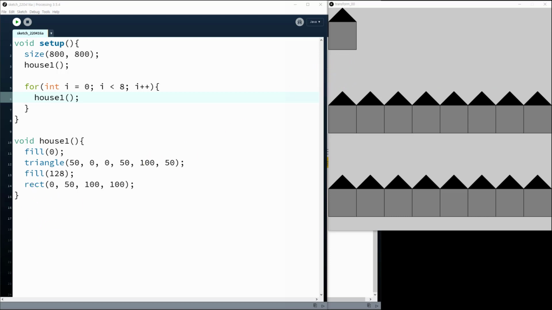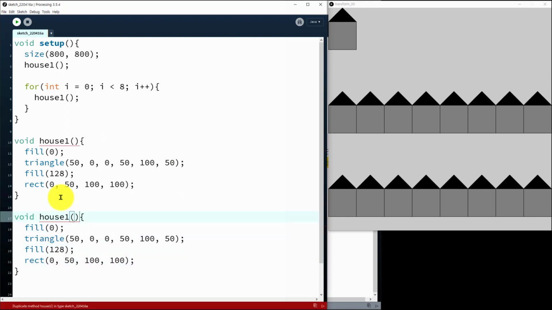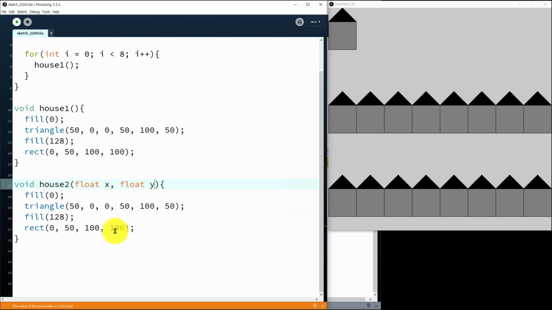So let's make house number 2. Let's copy this one to make house number 2, but it has to have 2 coordinates, right? So I'm gonna use float x and float y, right? And I need x and y here, plus x for the x coordinate. Actually, I don't need y, right? But yeah, no, we need the y.